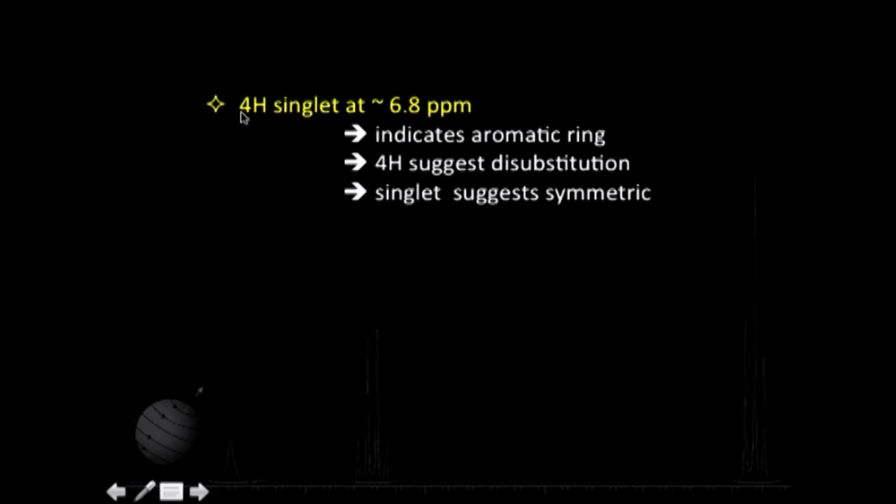Now, we have got two signals there, that means there are 2 types of protons, and both of them happen to be singlets. Let us analyze the first singlet at about 6.8 ppm, and that is for 4 protons. So, 4 proton singlet at 6.8 ppm, 3 pieces of information there. Let us try to see what they indicate to us. First one, location at 6.8 ppm, typical of aromatic protons.